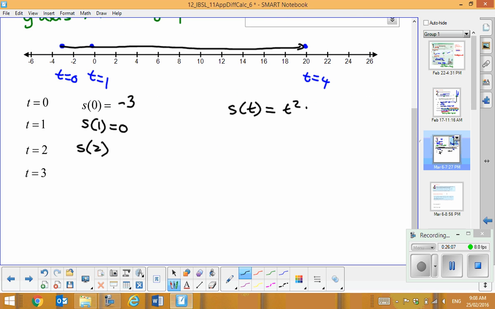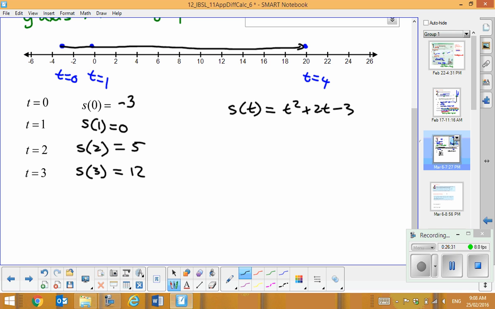So S of 2 is, what was it? 5. Thanks. At time 3, what is the displacement? All right, so that tells you where it is.